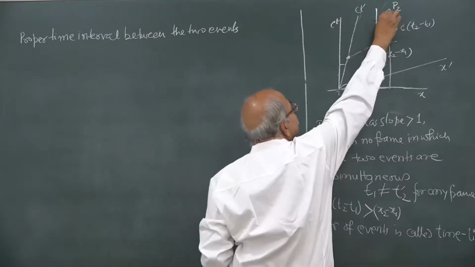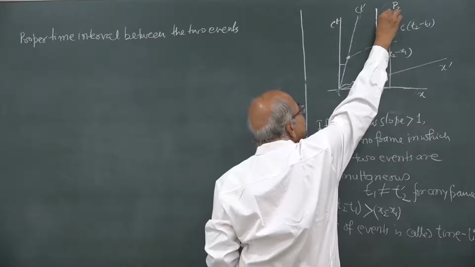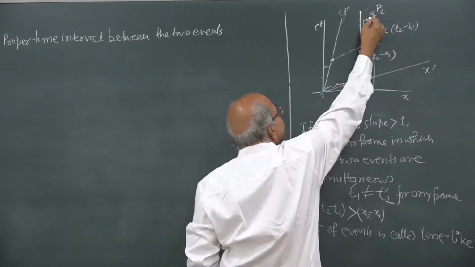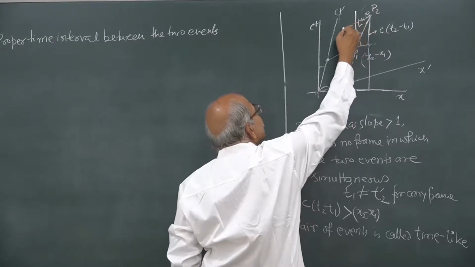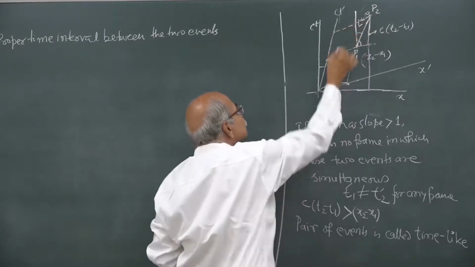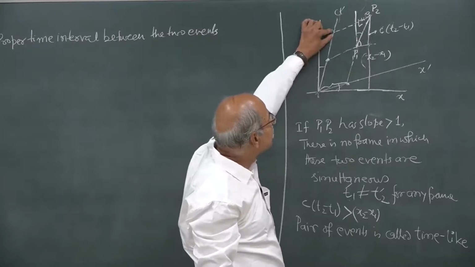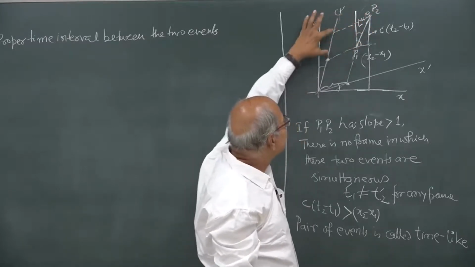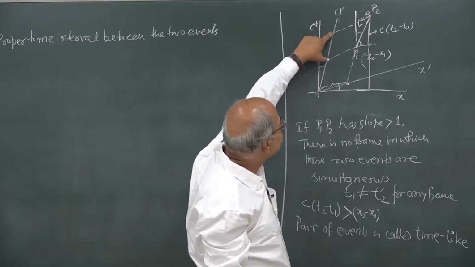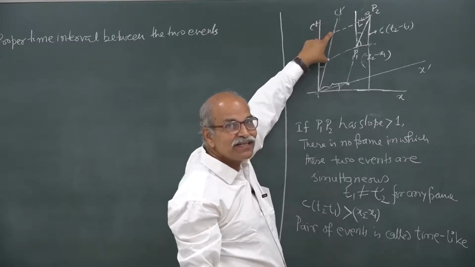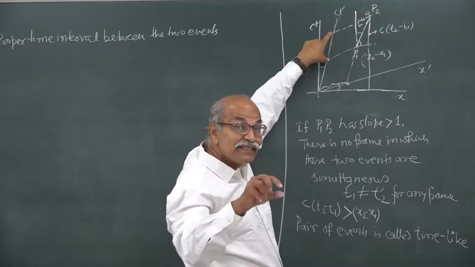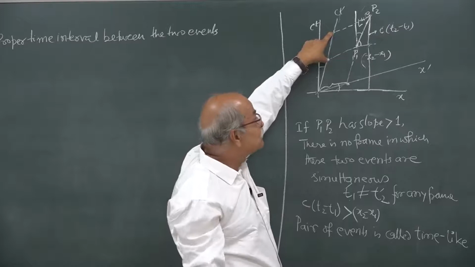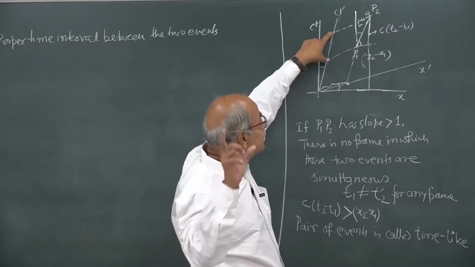Similarly, to get t prime of this, from here you will draw a line parallel to x prime axis, and that will meet here, and this will give you CT prime for this event. Therefore, this separation gives you the time interval CT2 prime minus CT1 prime. But remember, don't forget to multiply it by that scale factor.